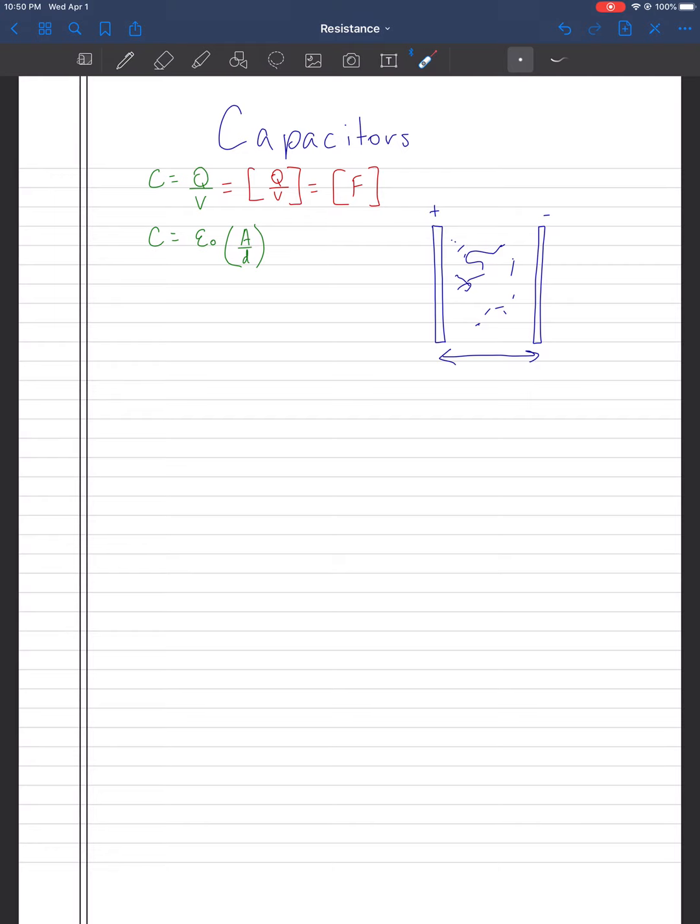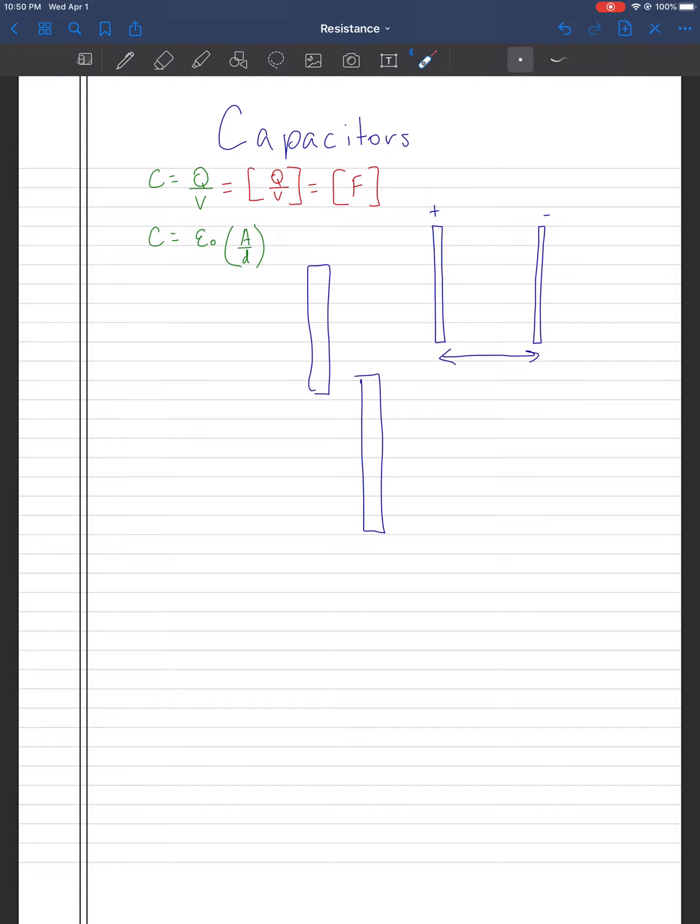But at the same time, we said the area of overlap. I imagine it would be this whole area of overlap here. You can't make this area too small, because if I had a capacitor that looked like this, the only thing attracting is this area right here.